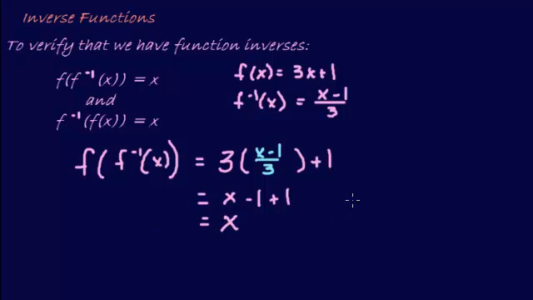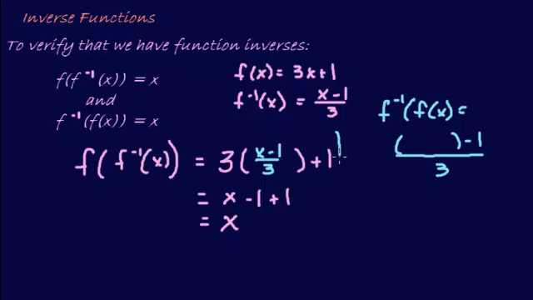I'm also going to do this for the other case. I'm going to do the inverse of f of x and see what that equals. I've got the inverse, which is x minus 1 all over 3, and I'm going to see that this equals x.